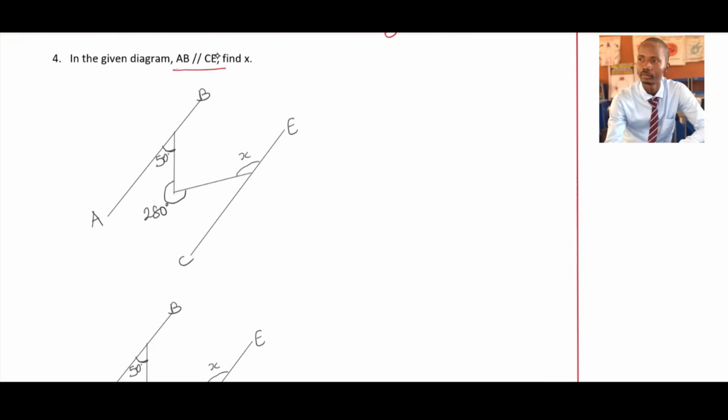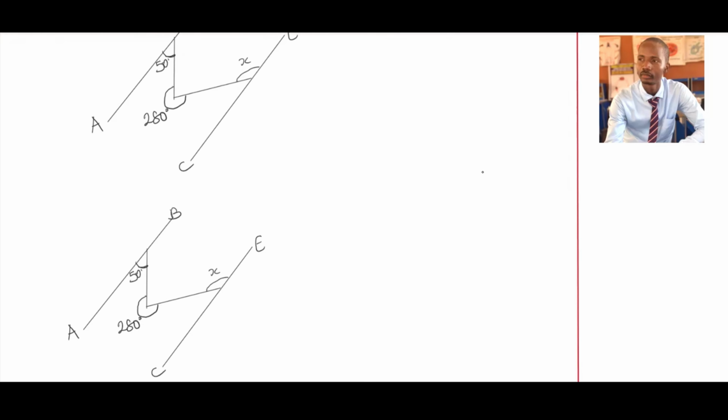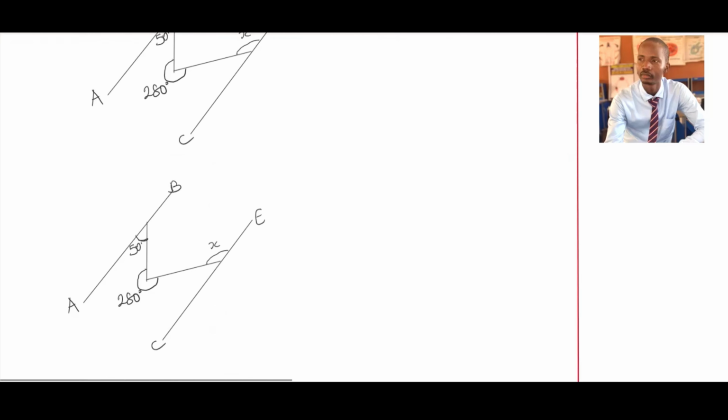But when you see this, it says that line AB is parallel to line CE. We're asked to find x. Now there are various ways to go about this. One of the ways is to introduce another parallel line, right? So let's do away with this first. I know there's 280 degrees, but let's do away with it first so we don't get confused.